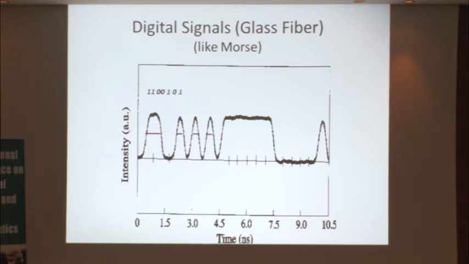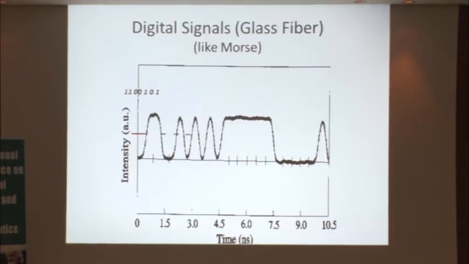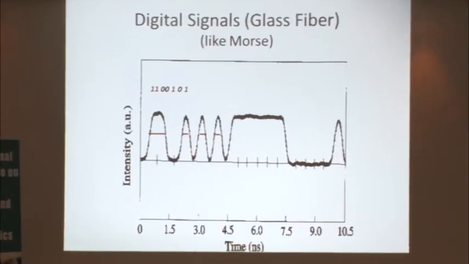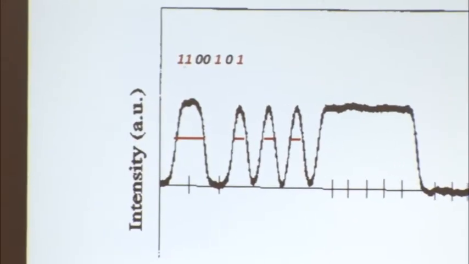And here are the digits. And this is what you see here, that's power. And therefore, I have shown you before the wave packet. This is a wave packet always. So here are the digits 1, 1, 0, 0, 1, and so on.